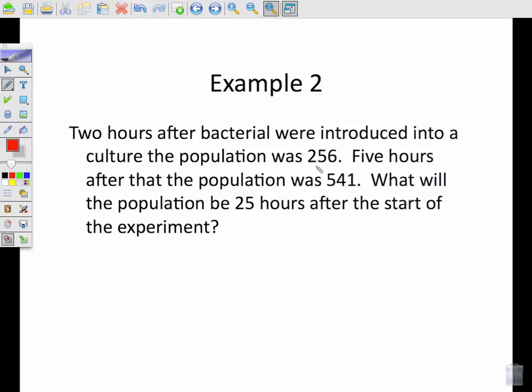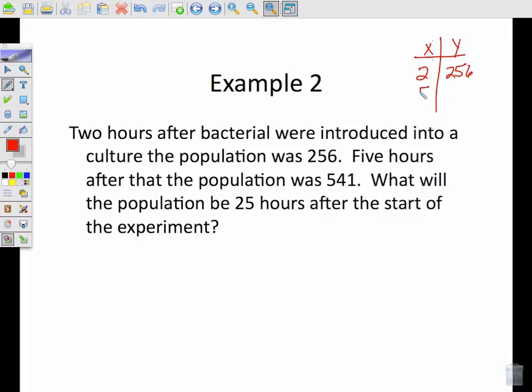Two hours after the bacteria was introduced into a culture, the population was 256. 5 hours after that, the population was 541. What will the population be 25 hours after the start of the experiment? Let's just represent this with an X and Y chart here. So if I've got 2 hours, the result is 256.